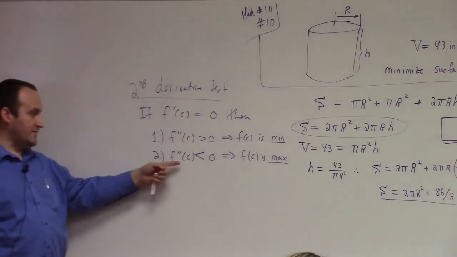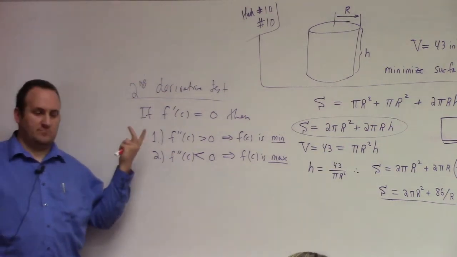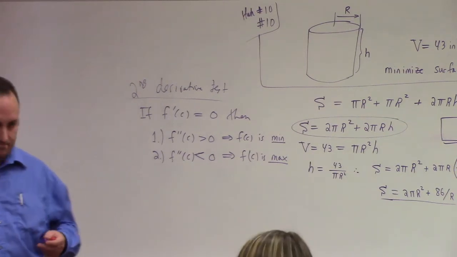If the second derivative is negative, it's a maximum. If the second derivative is 0, try something else, because then the second derivative test doesn't tell you.